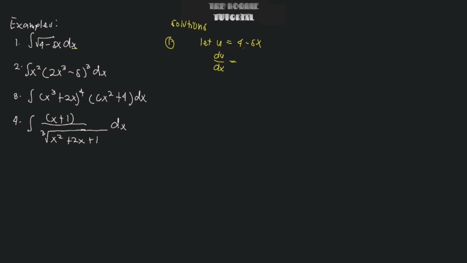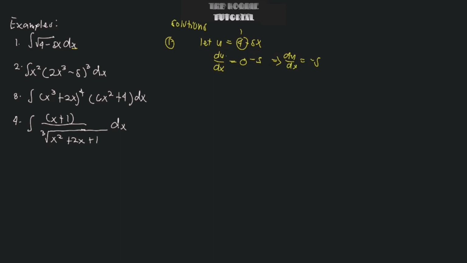Differentiating 4 minus 5x, we need to differentiate each term. The derivative of 4 is 0, and the derivative of 5x is just 5. Therefore du over dx equals negative 5.